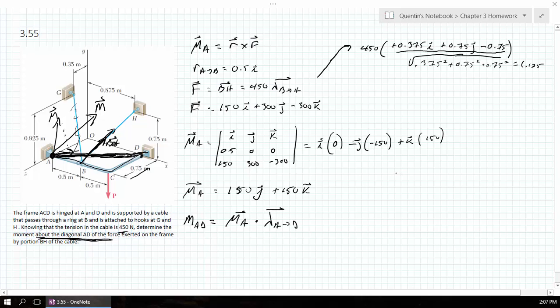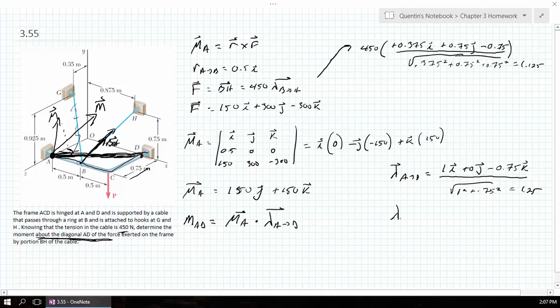Okay, so let's define lambda A to D. Lambda A to D goes 1 in the I, 0 in the J, and minus 0.75 in the K. But remember, that's the whole vector, so I need to divide that by the square root of 1 squared plus 0.75 squared, which is 1.25.